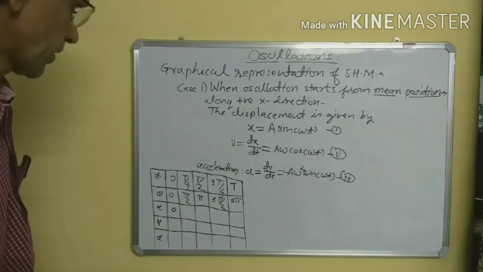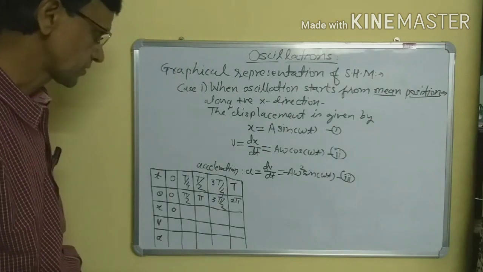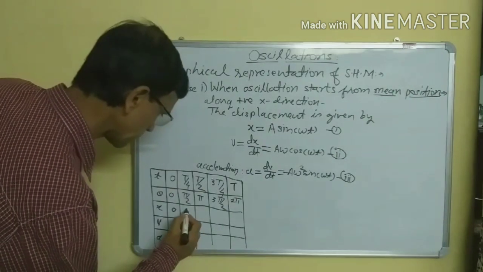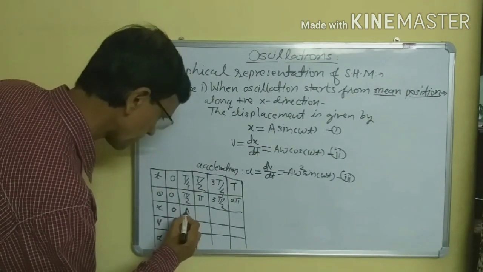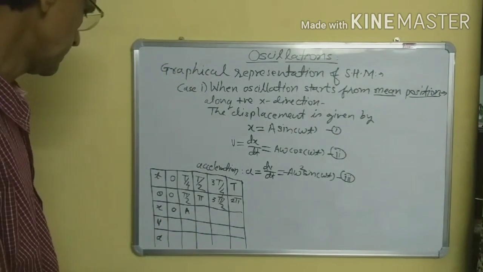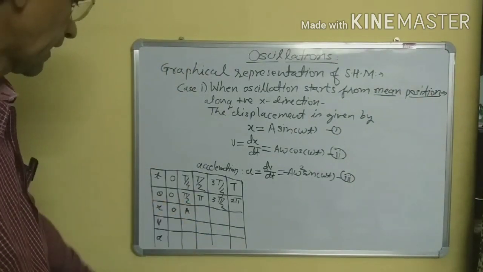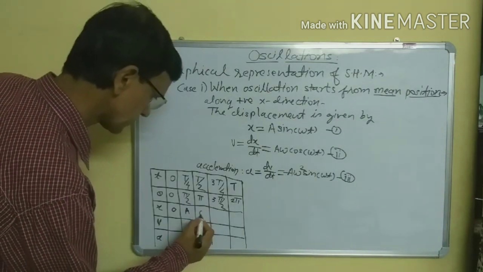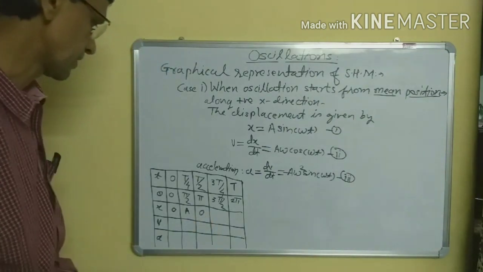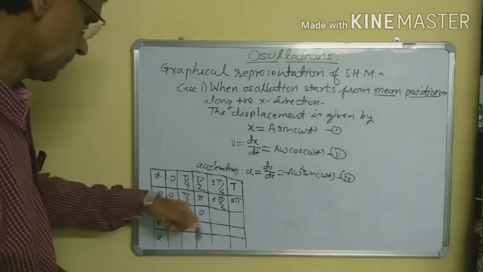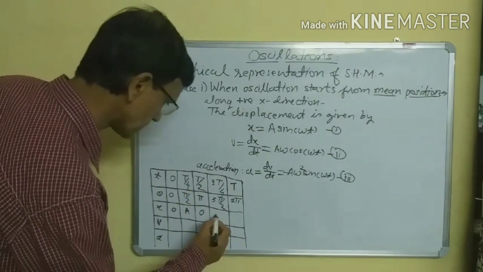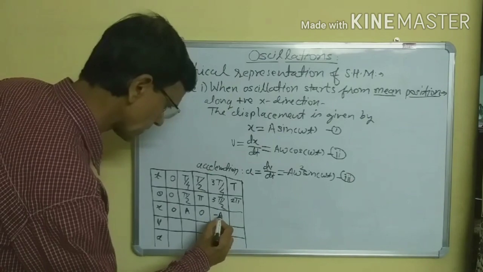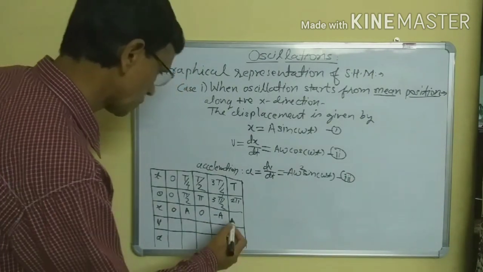Sin pi by 2 is 1, so x will be equal to amplitude A. Then sin pi is again 0, so the value becomes 0. Sin 3 pi by 2 is minus 1, so x is minus A. Again sin 2 pi is 0.